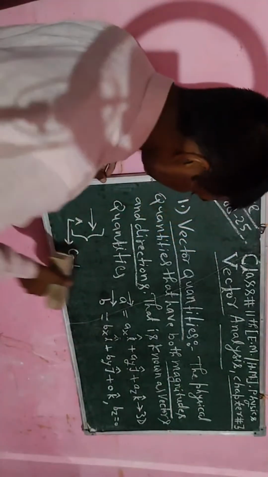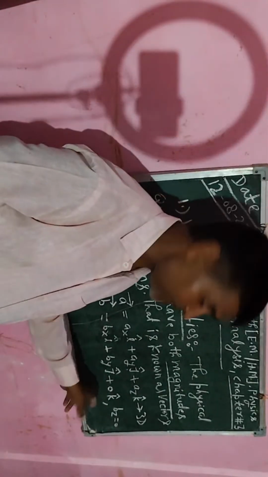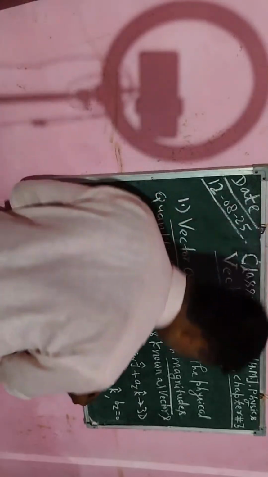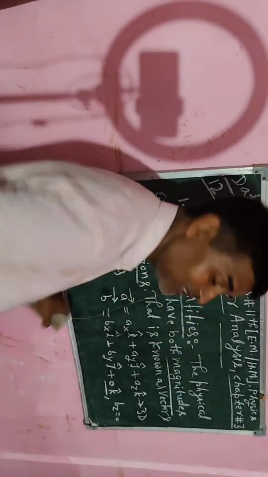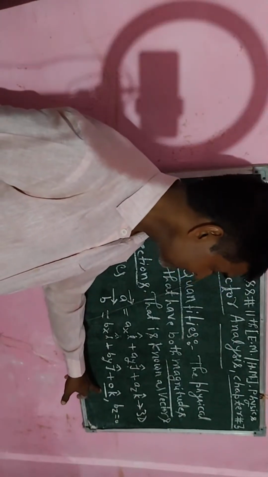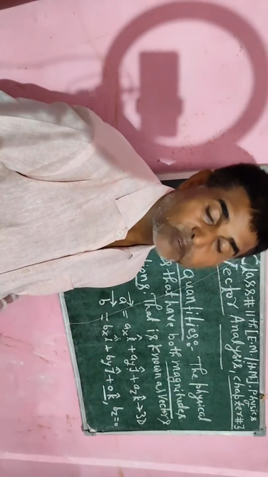Okay, now in the types of vector, I will also say this is a vector, but its special name is null vector, that is zero vector. If the magnitude of a vector is 0, I will say that vector is a null vector.